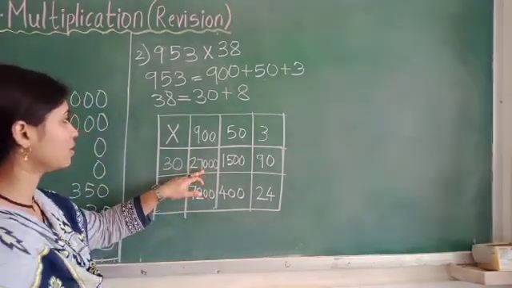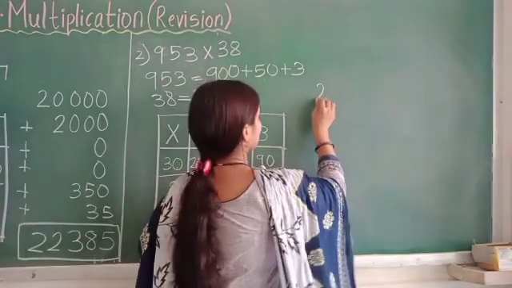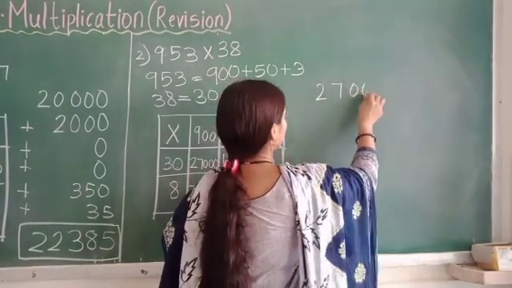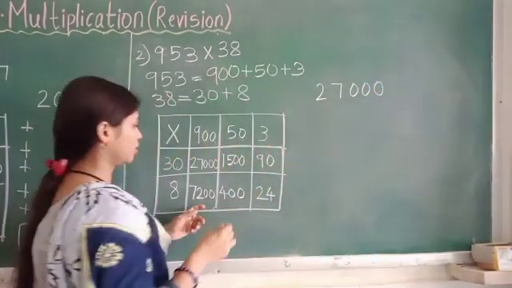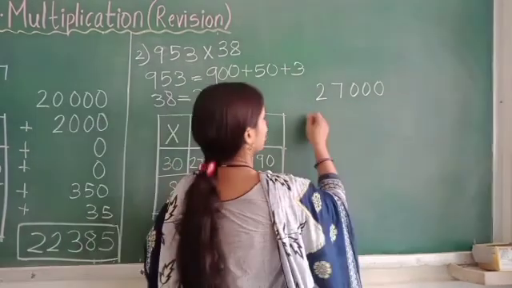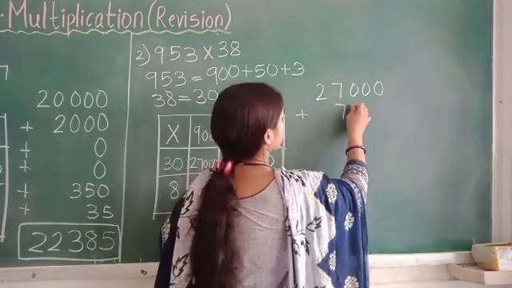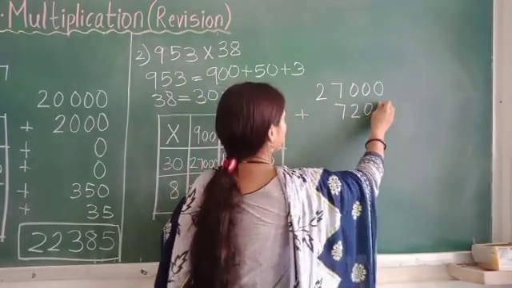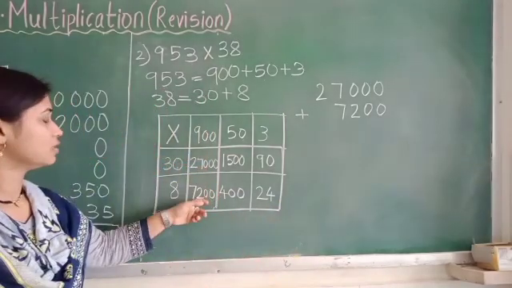What is our first number? 27,000 plus 7,200. We have finished this too.